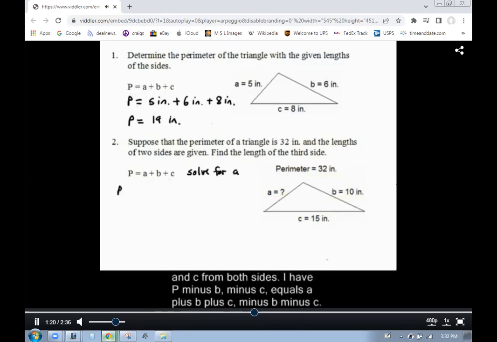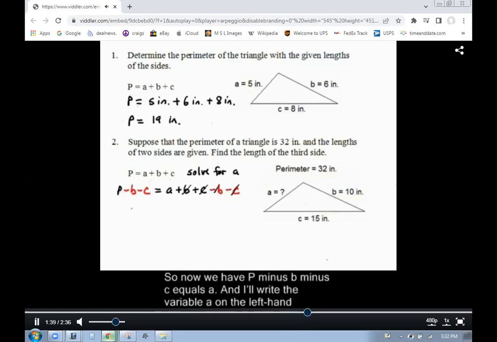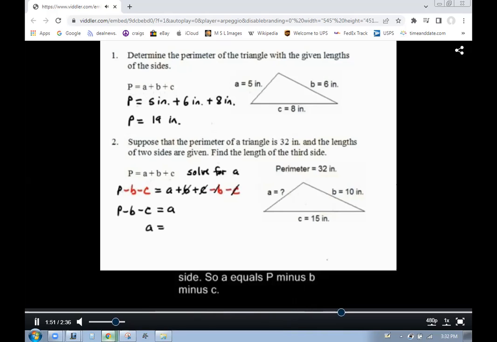I have P minus B minus C equals A plus B plus C minus B minus C. So now we have P minus B minus C equals A. And I'll write the variable A on the left-hand side. So A equals P minus B minus C.